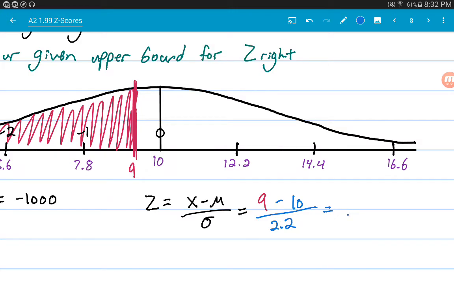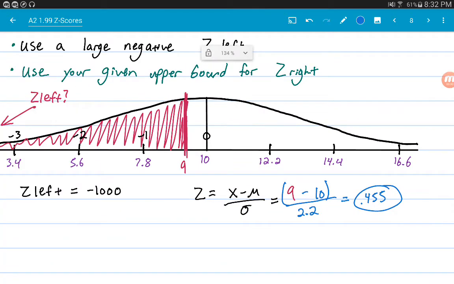This is going to get me 0.455 when I plug that into the calculator with parentheses on the top. It's going to get me negative 0.455, my apologies. Now that's my z right.